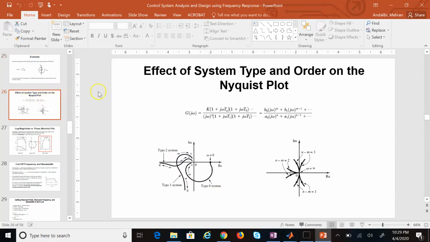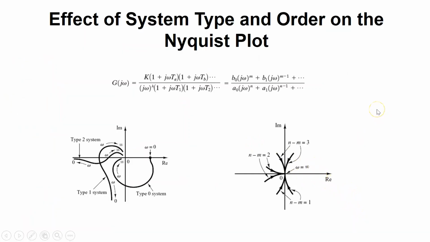One last note about Nyquist is the effect of system order and type on the Nyquist plot. Order, we know, is the highest power of s in the denominator. What you can see here on the right plot is the difference between the order of the denominator and numerator, n minus m.